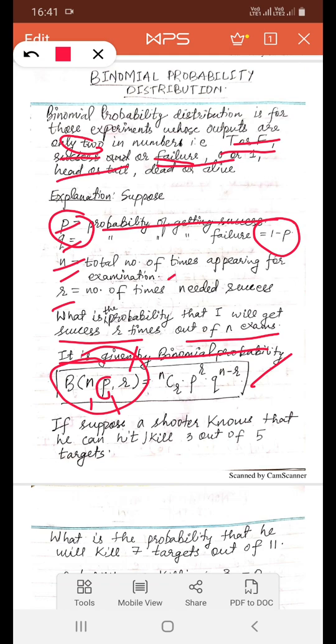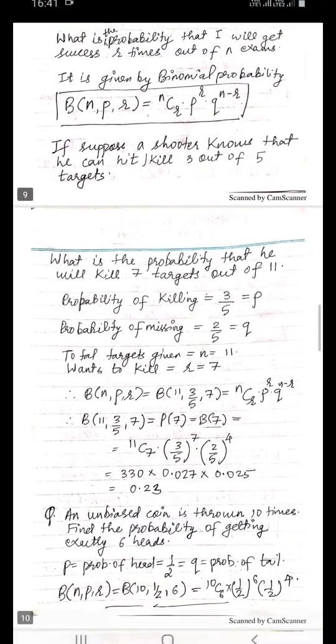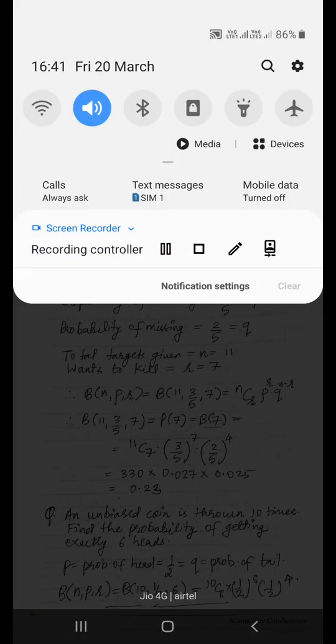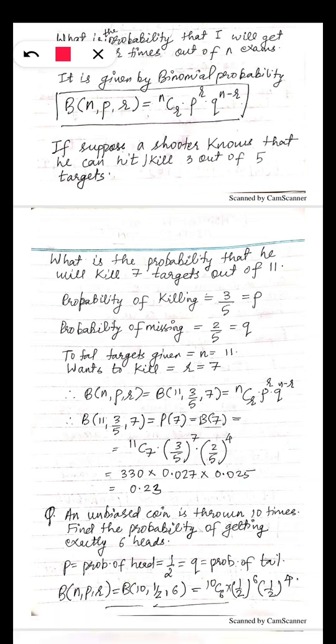So let's take one more explanation for binomial probability distribution. Suppose a shooter knows that he can hit or kill 3 out of 5 targets. What is the probability that he will kill 7 targets out of 11?